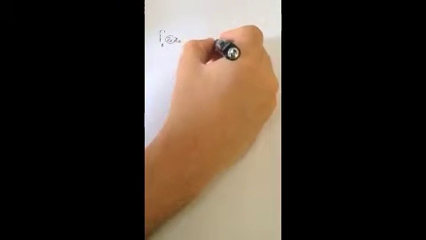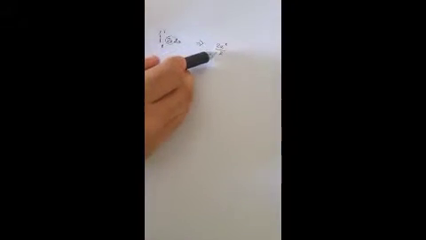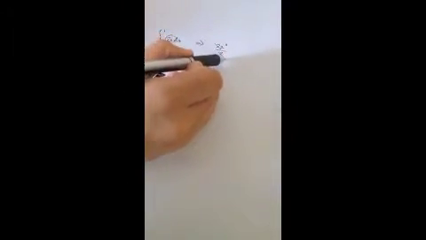To integrate this, we first must integrate the 2x on the inside, which will give us 2x squared over 2. Now there's a 2 at the top and 2 at the bottom. Therefore, we can cancel them, giving us x squared.